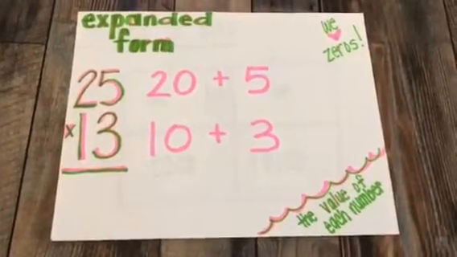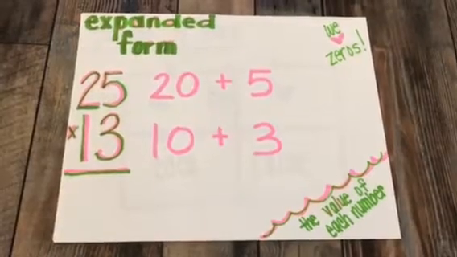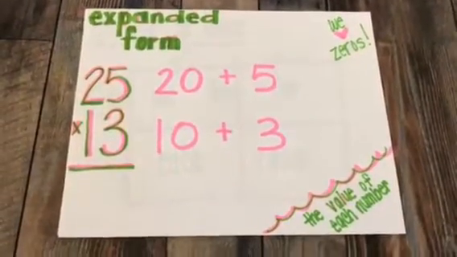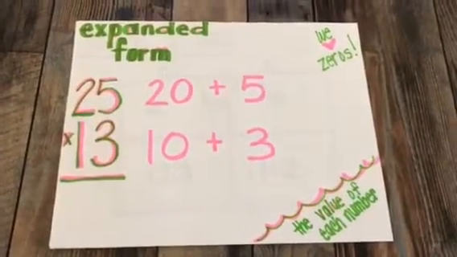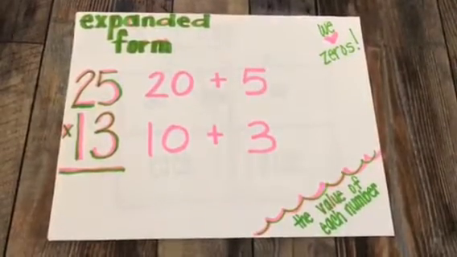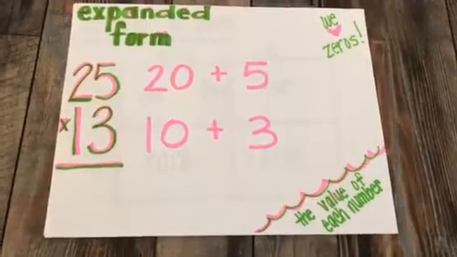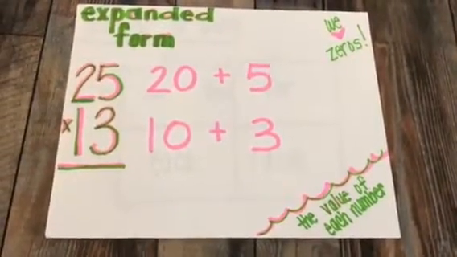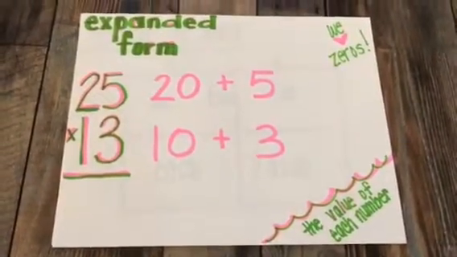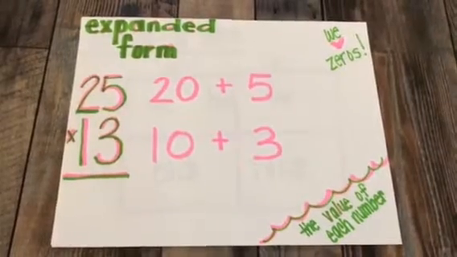Remember, every model box equation begins with expanded form. If you remember, expanded form is writing out the value of each number.